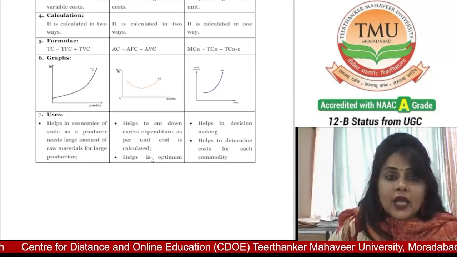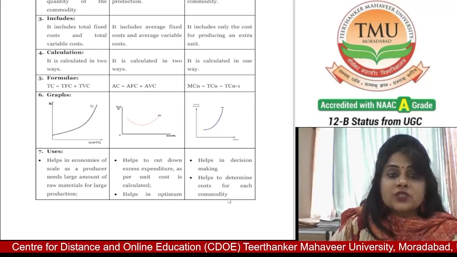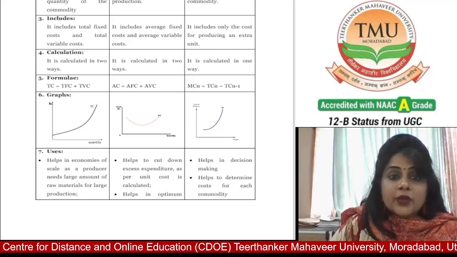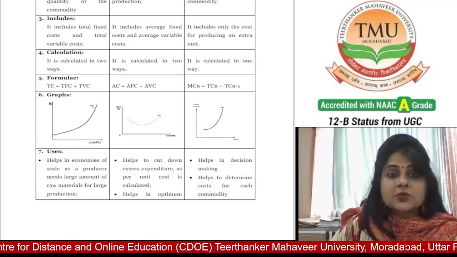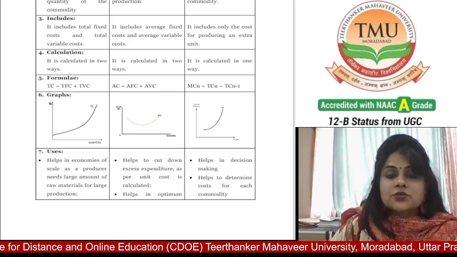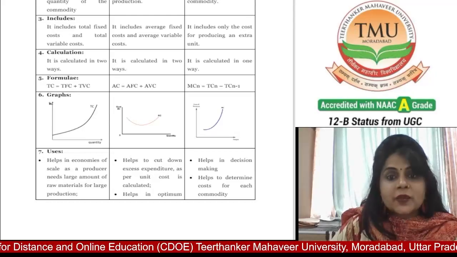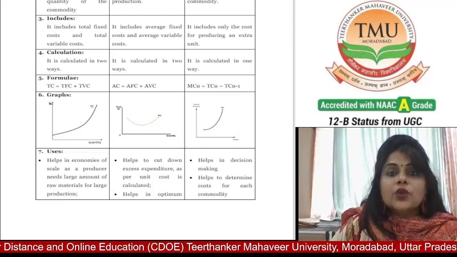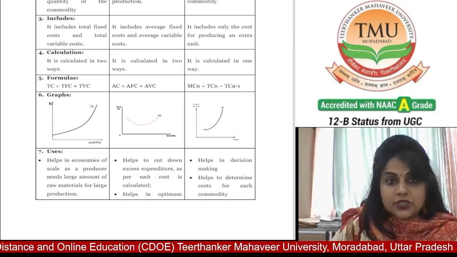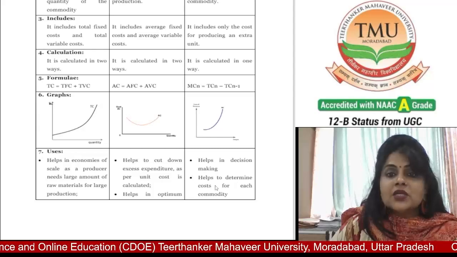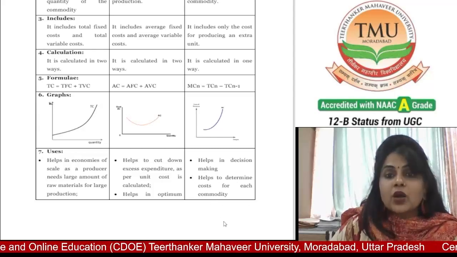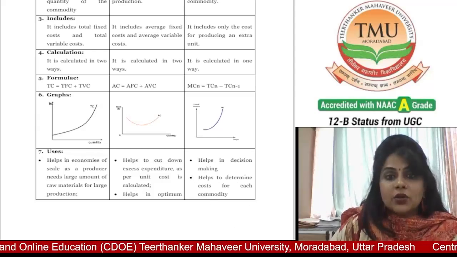It also has uses. It helps in economies of scale, as producers need large amounts of raw materials for large production, and have to cut down excess expenditure as per unit cost is calculated, which helps in optimum production, decision making, and determining cost for each commodity.